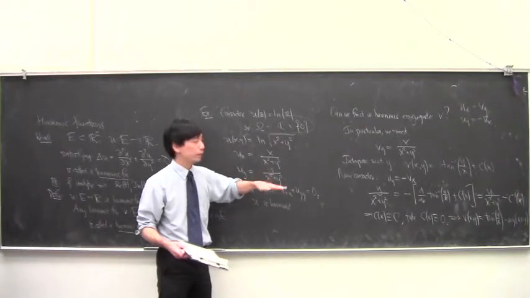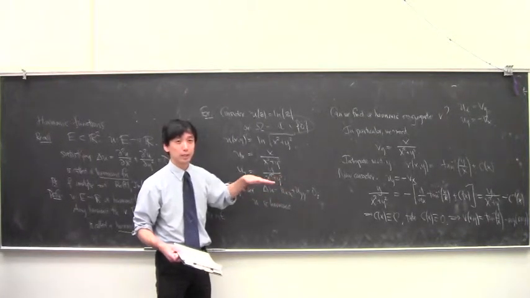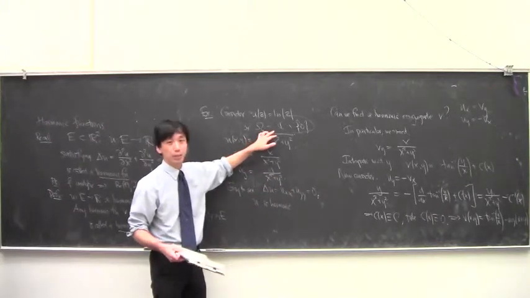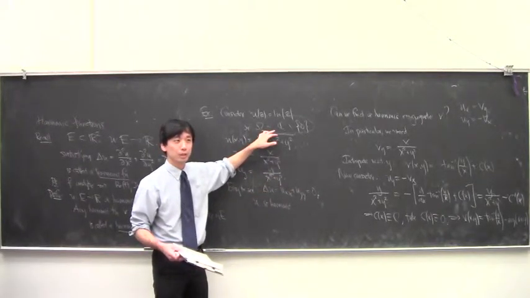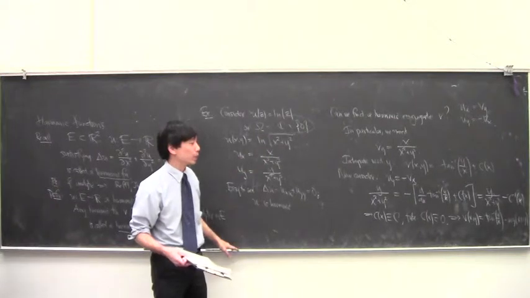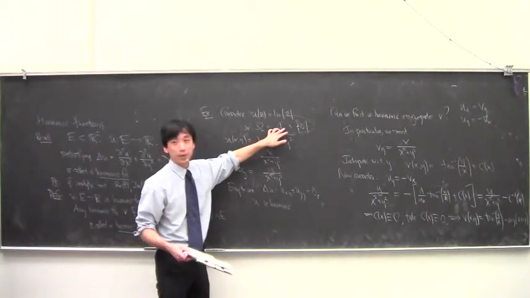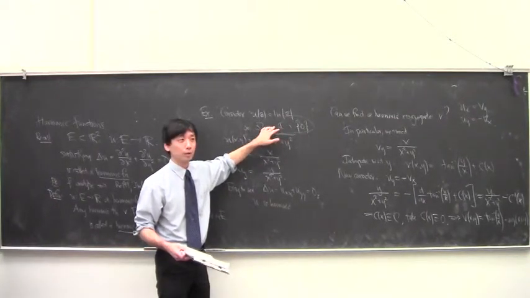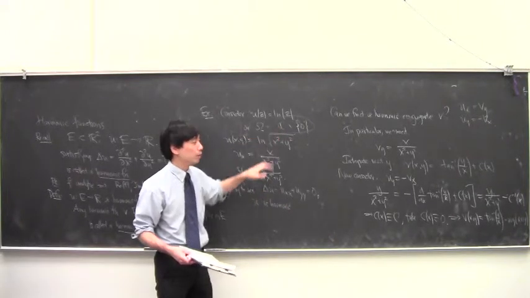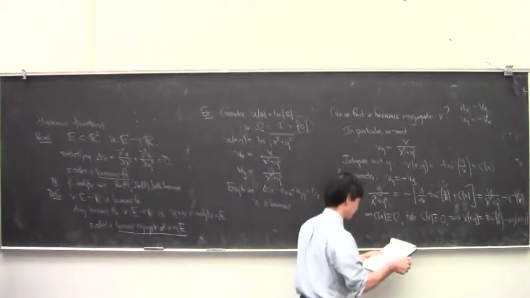So this function isn't continuous, although you'd like it to be twice continuously differentiable. So it doesn't work as your harmonic conjugate. You can't find a harmonic conjugate on the whole omega. But you could.